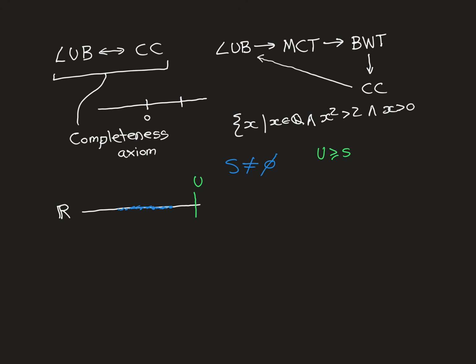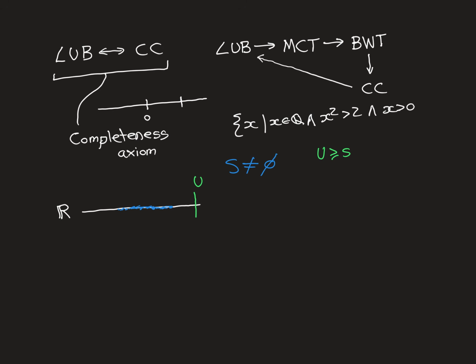I now want to construct a Cauchy sequence that is going to converge to the supremum of this set. And this is the way I'm going to do it. I am going to do it in a very similar way to what we did previously, where we constructed a sequence that converges to the square root of 2.